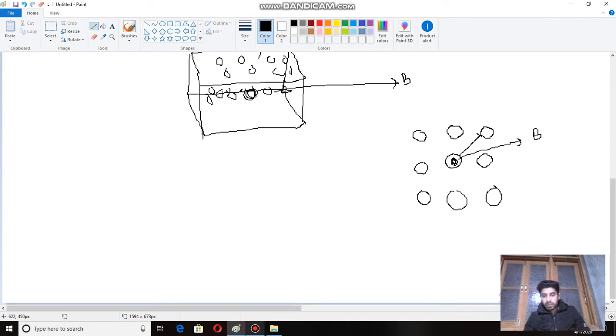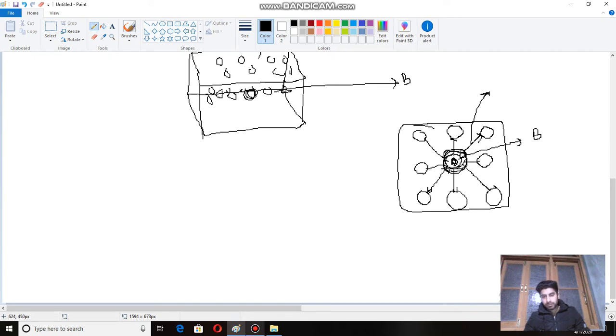See, consider this molecule, this is our B molecule. Obviously this and this molecule will have some force of attraction between them, and this molecule and this molecule diagonally opposite to it will have some force of attraction between them. Similarly, this and this molecule, this and this molecule. So what do I mean to say? This molecule B present over here has molecules present everywhere around it, which have some force of attraction between them.